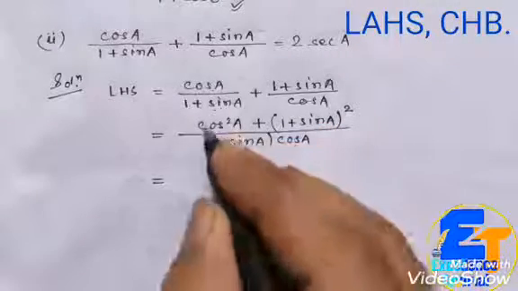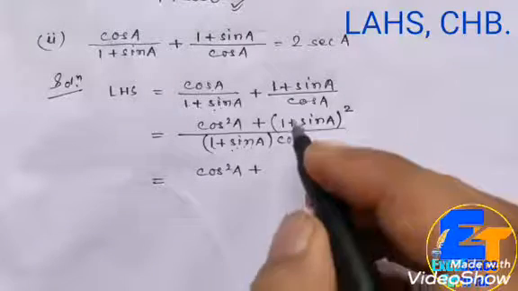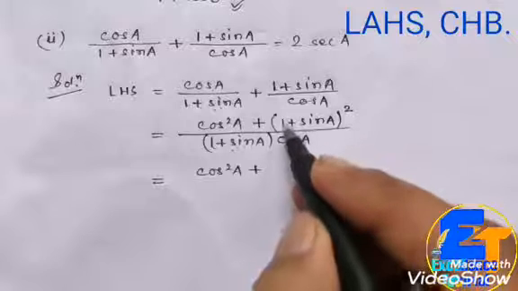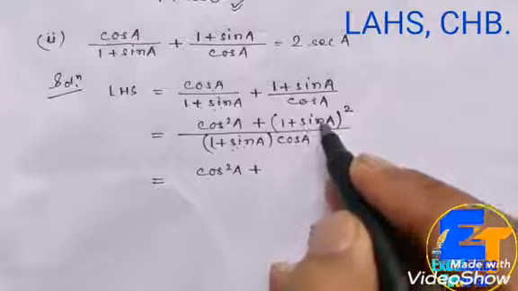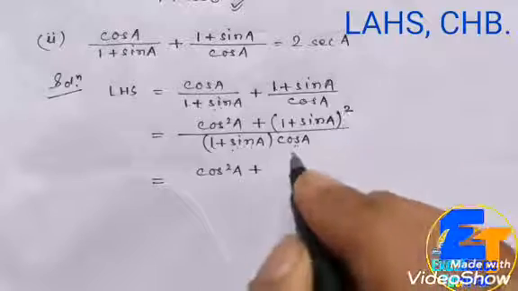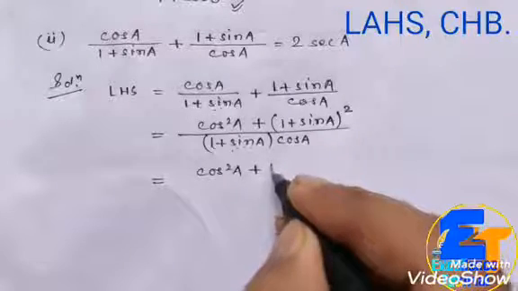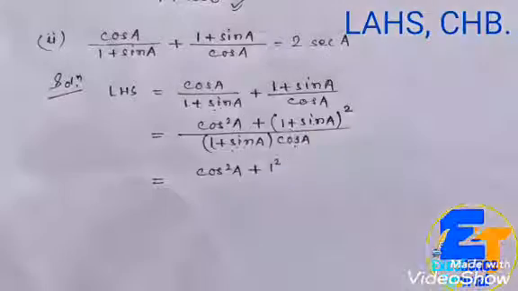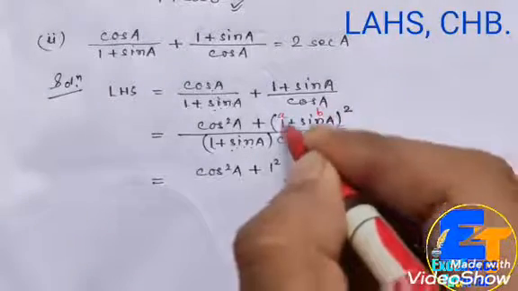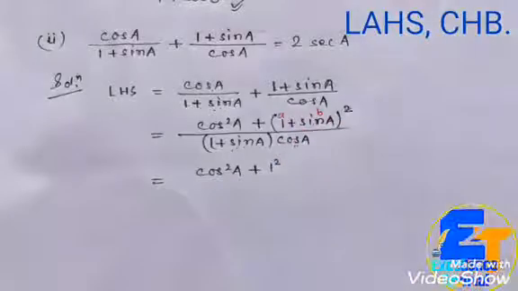So next, write this cos square A. And now we are going to apply the algebraic identity. We are going to expand this by using the algebraic identity a plus b whole square. As you know the algebraic identity a plus b whole square, a square. Remember our a term for this question is 1 and this is our b term. That is why we are going to apply a plus b whole square.